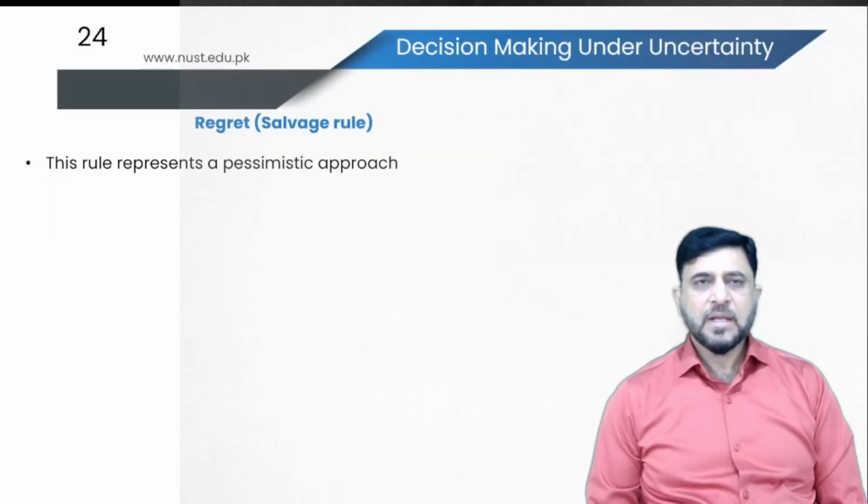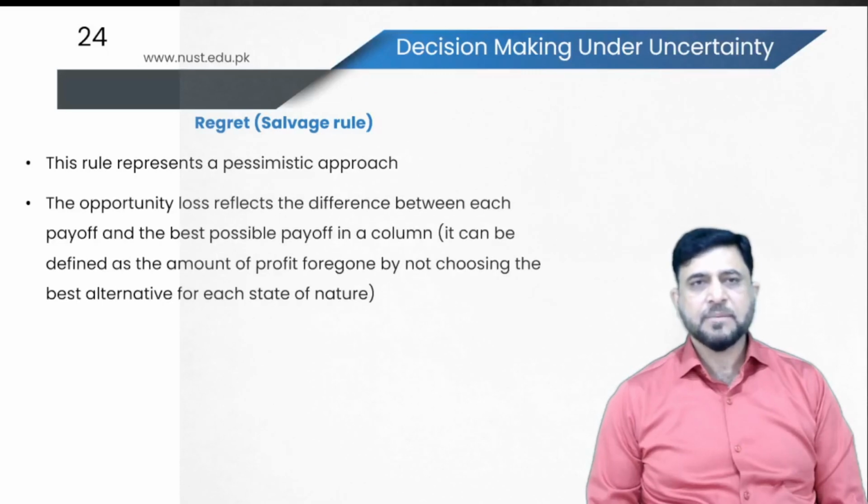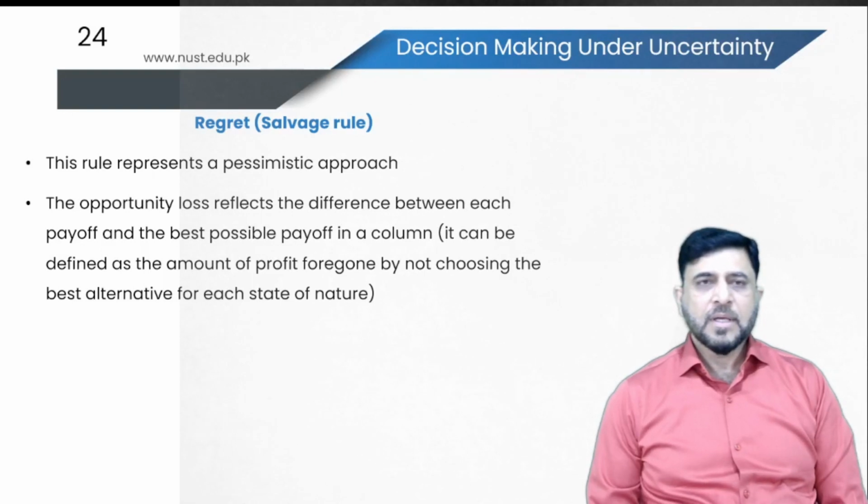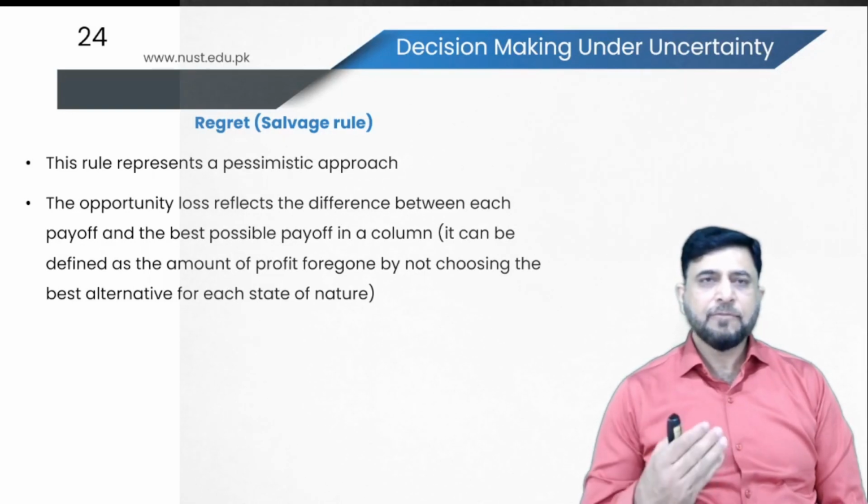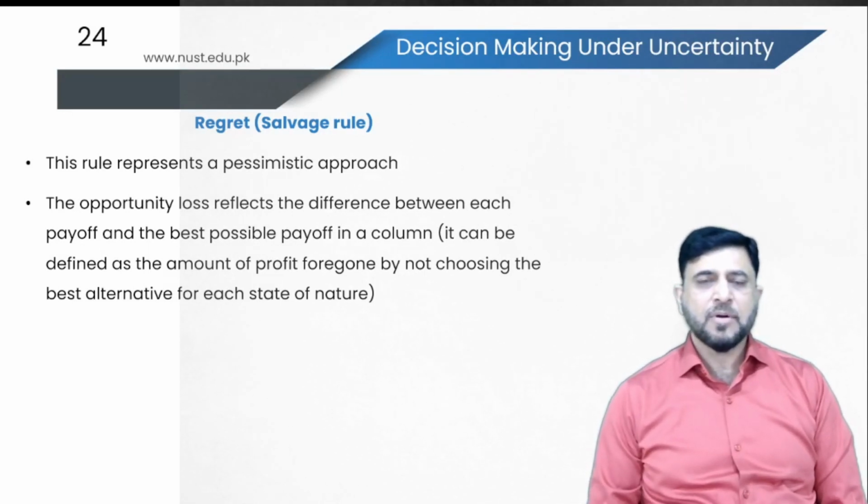Okay, what is the last one? What is the regret or salvage rule? This rule represents a pessimistic approach. The opportunity loss reflects the difference between each payoff and the best possible payoff in the column. If I have lost the best possible alternative and I have taken the other alternative, what was the difference between the best and that which I have chosen?